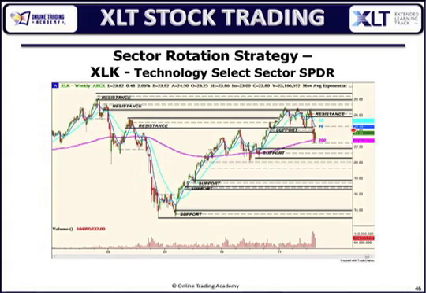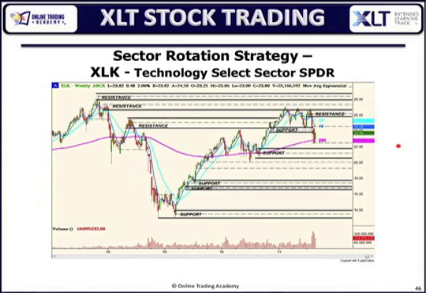And this particular one, the XLK, which is the technologies, it should have had a pretty decent day. It's right at the top of that channel that you see up here where that 24.59 line is at that 10-week moving average. It is above the 200 moving average, which is still considered to be rising and therefore bullish.